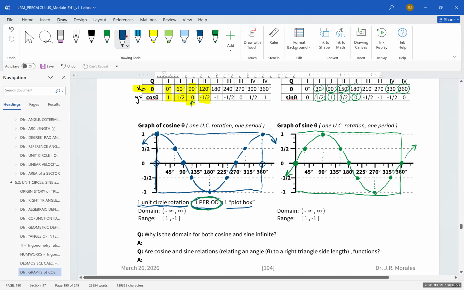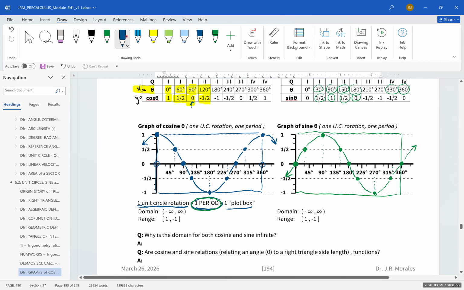Okay, let's look at some of these auxiliary questions that we have here. Okay, so what is the domain for both cosine and sine? Or why is the domain for cosine and sine both infinite? So remember that domain is all of the x values.